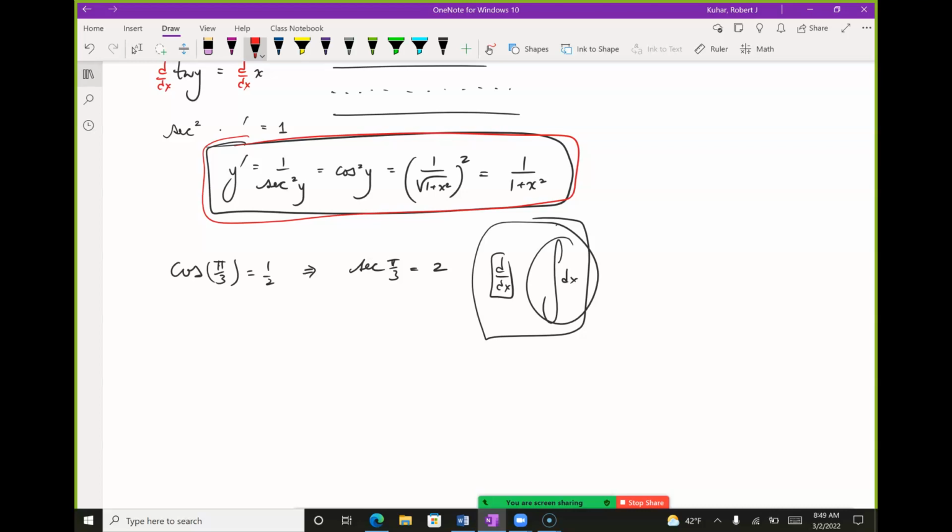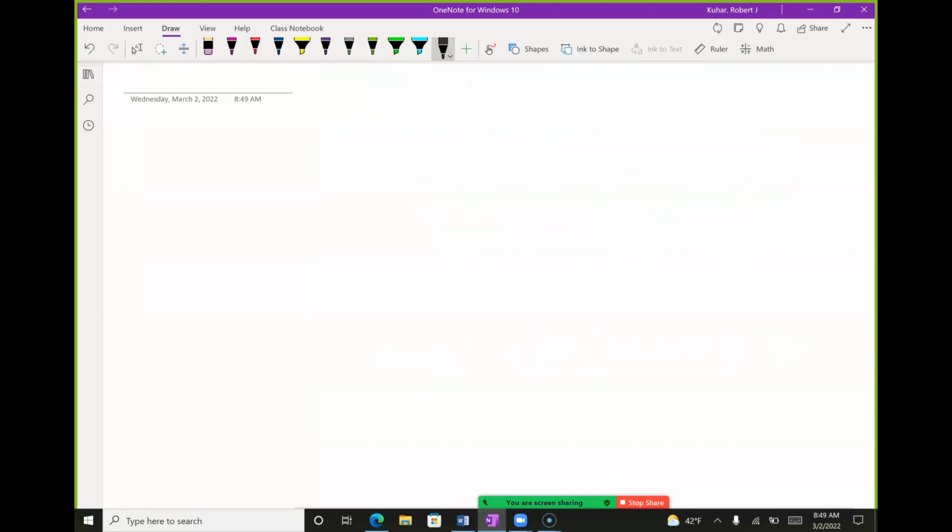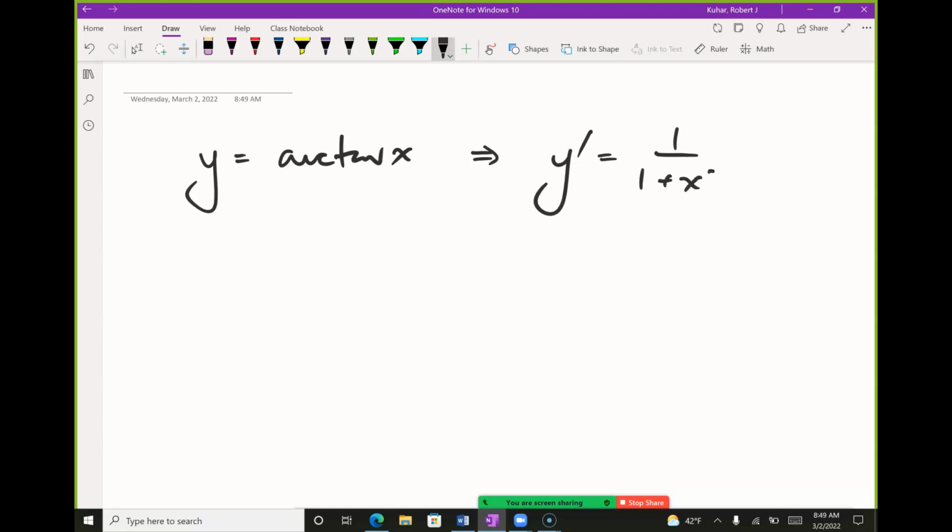Good, so here's our summary so far of our new shortcuts. If y equals the arctan of x, y prime is 1 over 1 plus x squared. Beautiful. But I want a more sophisticated version where I'm plugging any function I want inside.